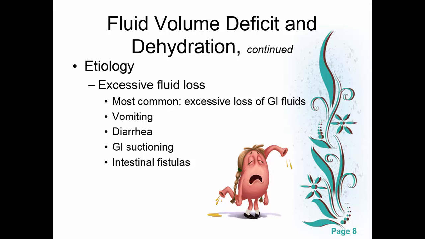The etiology is from excessive fluid loss. Most common is excessive loss of GI fluids from vomiting, diarrhea, GI suctioning, intestinal fistulas. It can also be from insufficient fluid intake or failure of regulatory mechanisms and fluid shifts within the body.